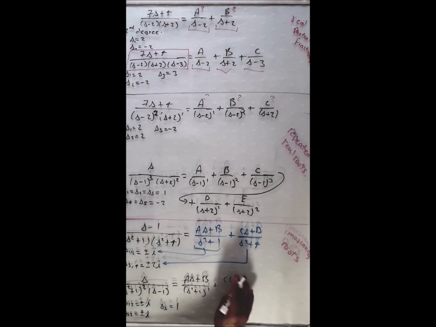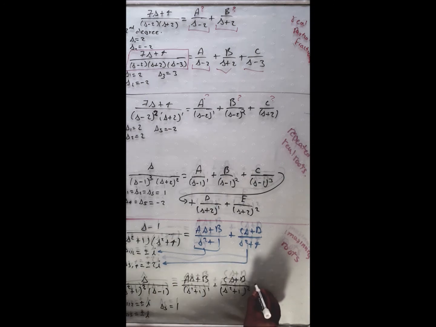How are you going to have 5 partial fractions like this? As plus B over s squared plus 1 power 1. Now we are going to write the other two. Cs plus D over s squared plus 1 power 2, and that comprises the other two repeated roots.